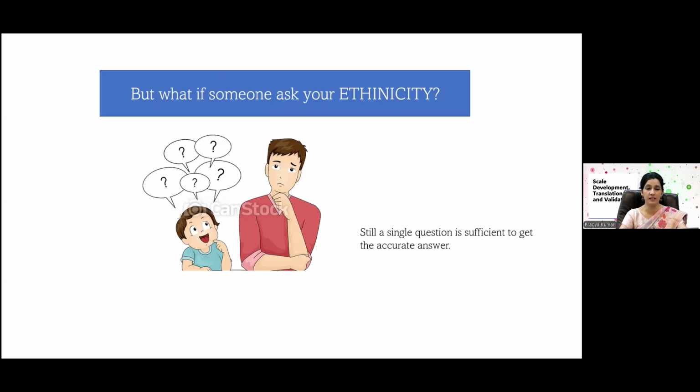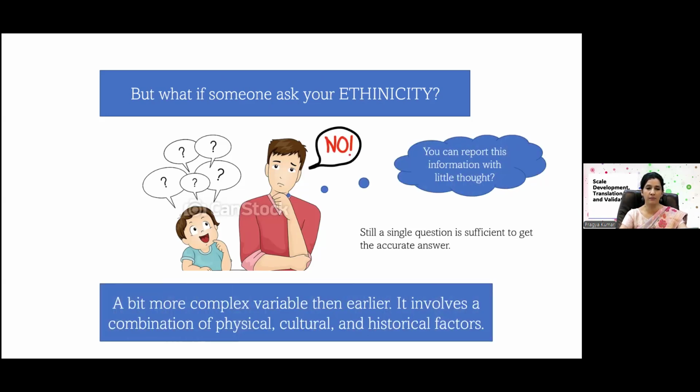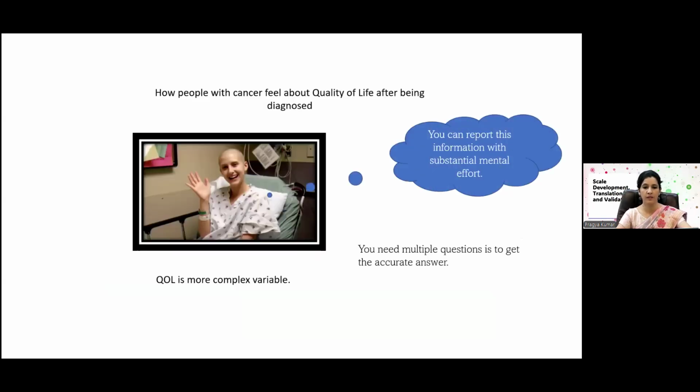Whenever you take time to respond to a question, that response will be a bit more complex than the earlier response, a combination of your physical, cultural, and historical factors. So taking time in giving a response, and when it creates some psychological impact on you, those questions, those items, are basically trying to indirectly measure your construct.